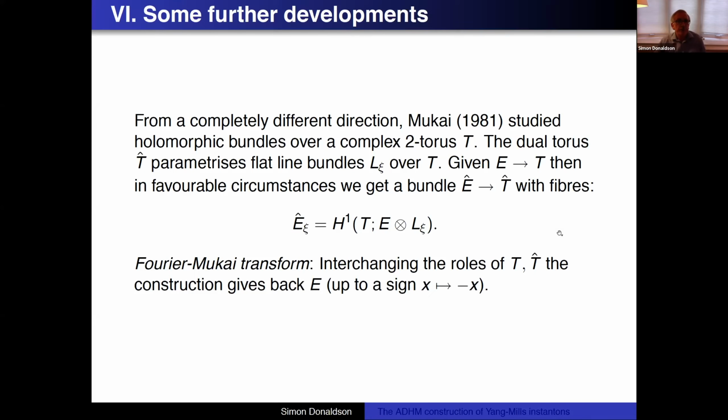The fiber of E hat at the point psi is given by taking the H1 over T of E twisted by the line bundle L psi. To be a bit more precise, the favorable circumstances mean a situation where the other cohomology groups, the H0 and the H2, both vanish.